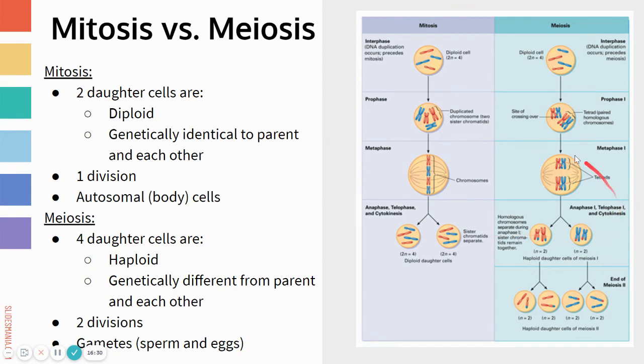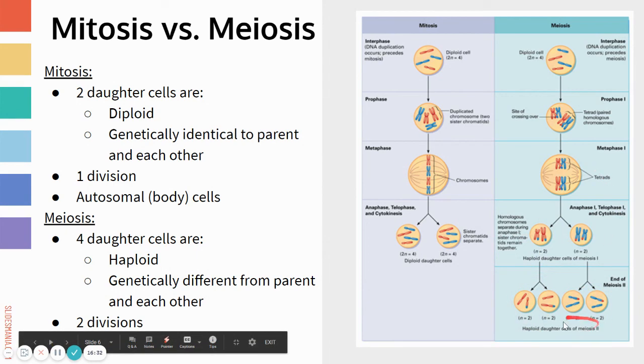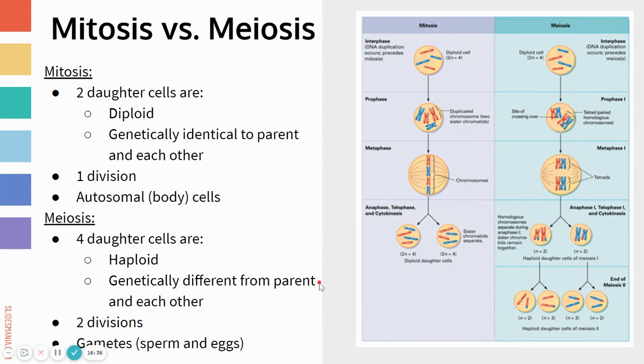In contrast, meiosis, the end product is going to be four daughter cells, and so we're going to need to go through two divisions in order to get these four daughter cells. The daughter cells are not going to be genetically identical to the parent. They're going to have half of the genetic information that the parent cell has. So we're going from diploid to haploid.